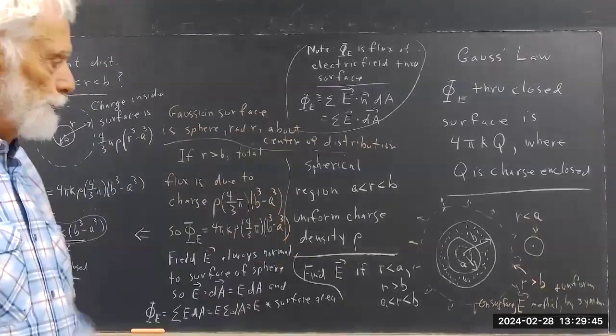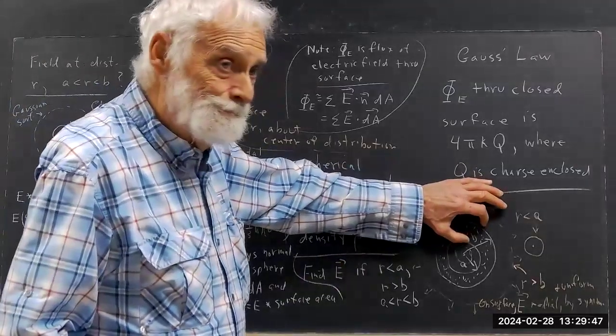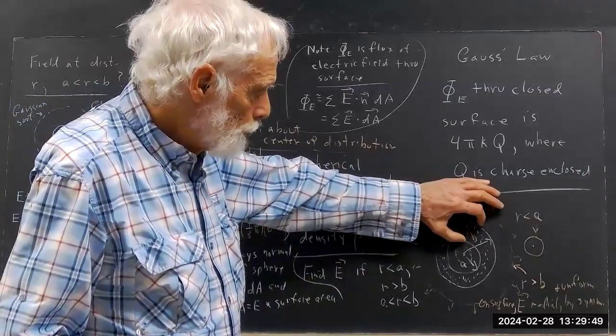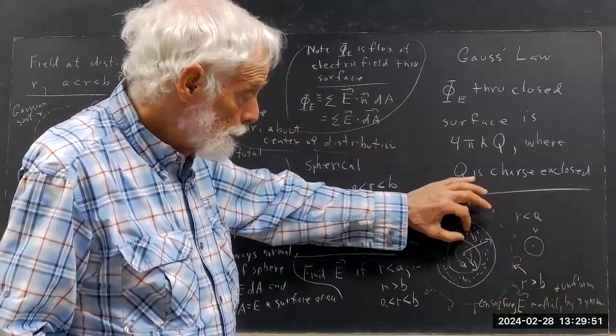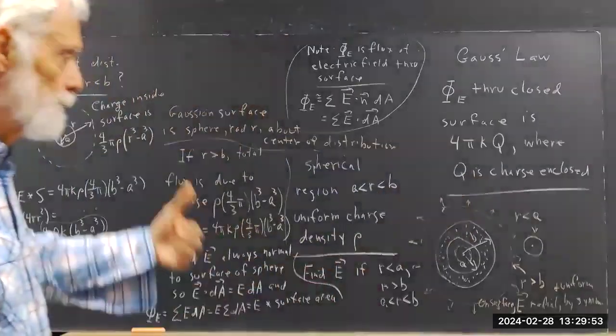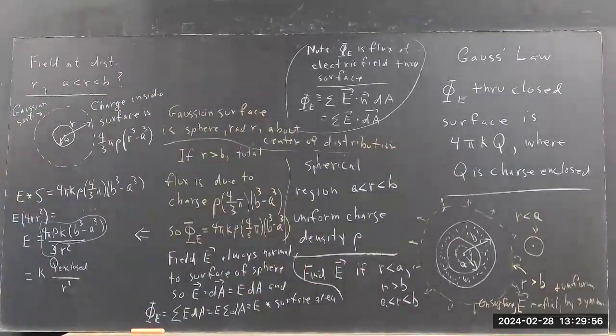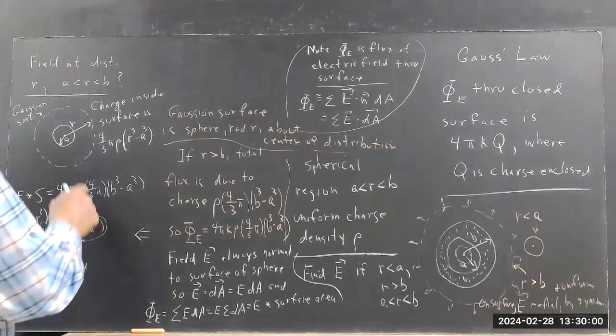Instead of b cubed minus a cubed, which means charge in the whole shell. We only have part of the shell, and it just goes from a to r. Okay. And the rest is pretty straightforward.